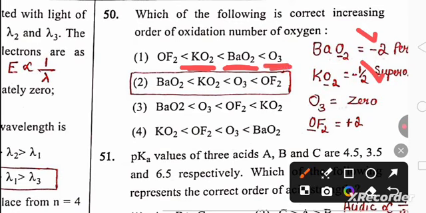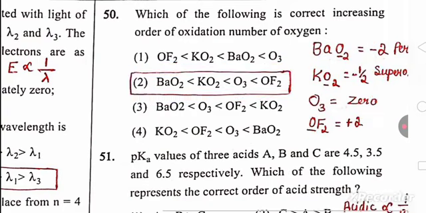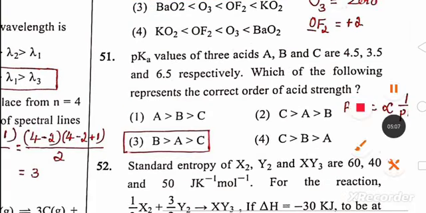In ozone, as ozone is in the elementary state, oxidation number will be 0. In OF2, as fluorine is more electronegative than oxygen, oxidation number will be +2. So by seeing this, we need to write them in the increasing order. So in the increasing order, option 2 is the right answer for this question.